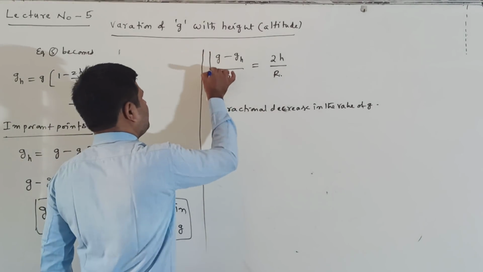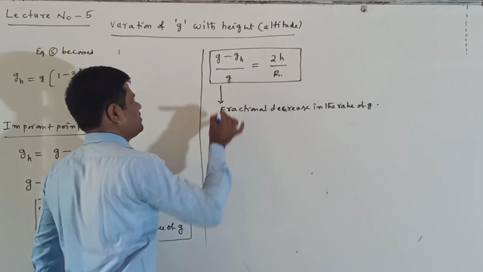This is the formula for fractional decrease in the value of g.